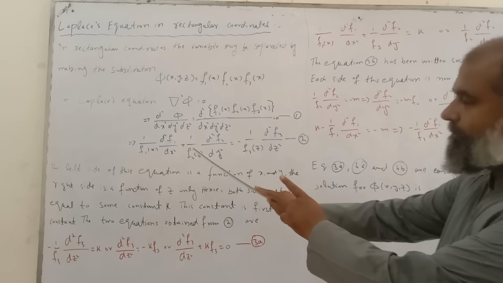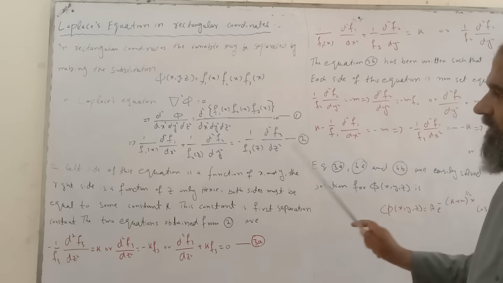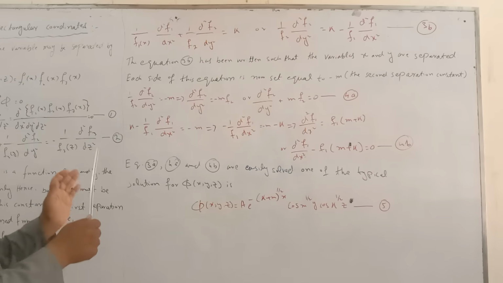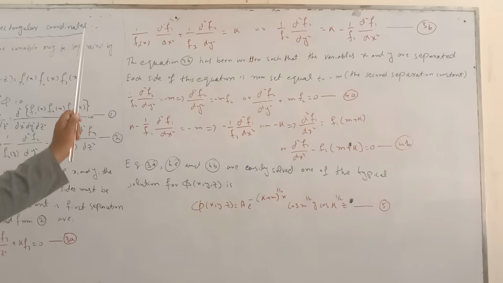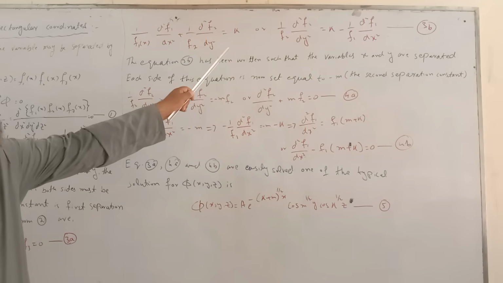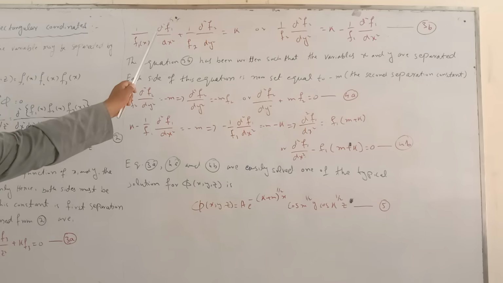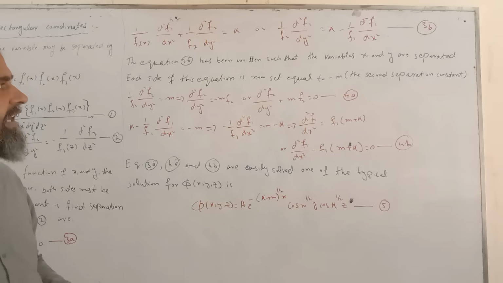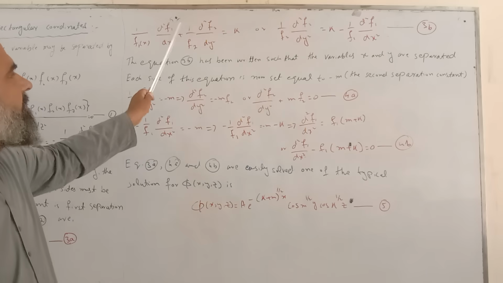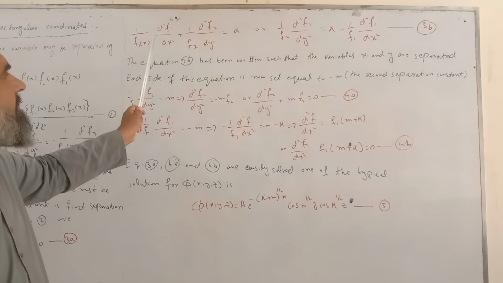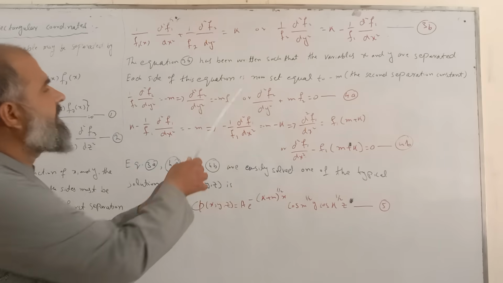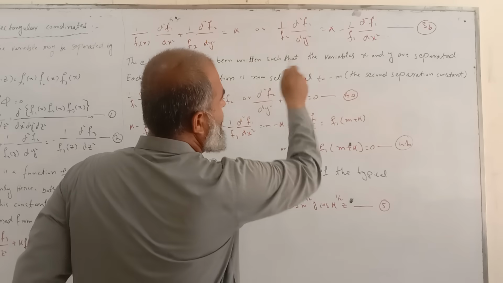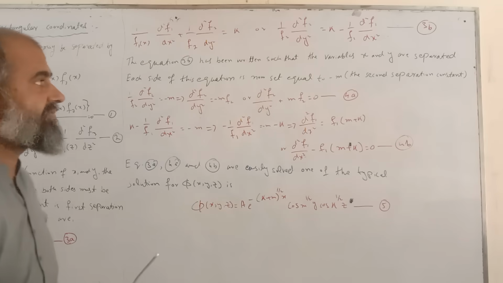Now we will set the other portion equal to k. 1 over f1 d square f1 over dx square plus 1 over f2 d square f2 over dy square is equal to k. Or bring one portion to the right hand side: 1 over f2 d square f2 over dy square is equal to k minus 1 over f1 d square f1 over dx square.